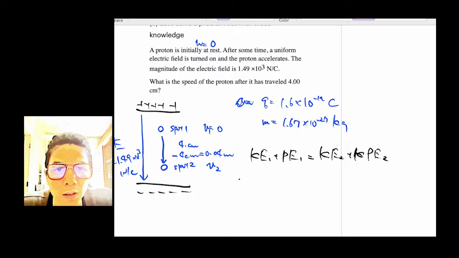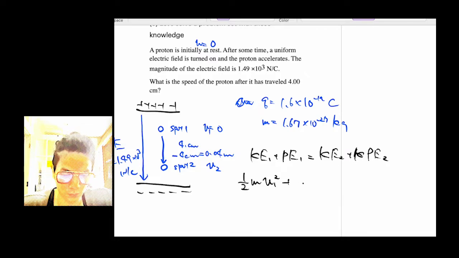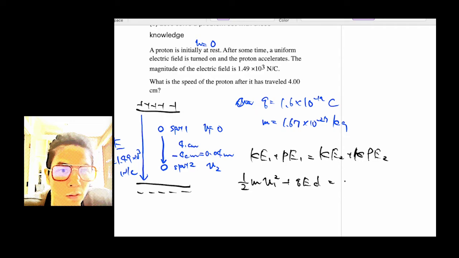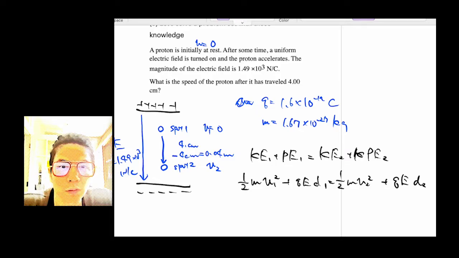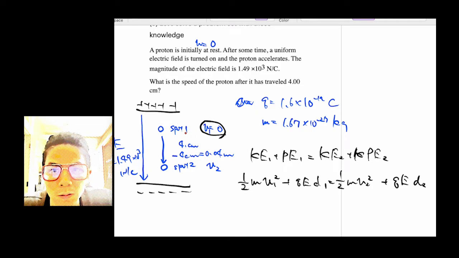And KE1 is half of m v1 squared, and PE1 is QED1, and that equals half of m v2 squared plus QED2. Now remember that this v1 is 0, and at this spot 1 this is also d equals 0, and here d equals negative 0.04 meter.